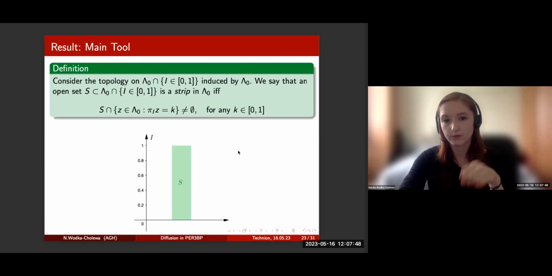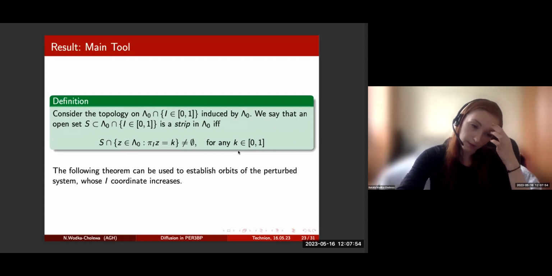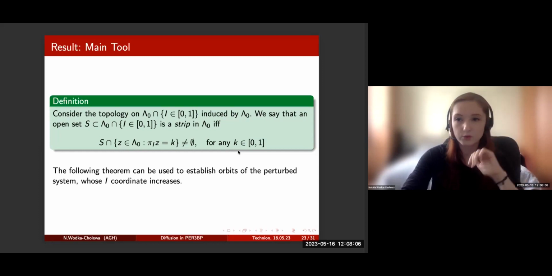We want to have every value of I from 0 to 1. Okay, so the theorem, I will say, will allow us to find the orbits that change the energy level. So I will increase in the perturbed system, but everything we will check on the unperturbed system.